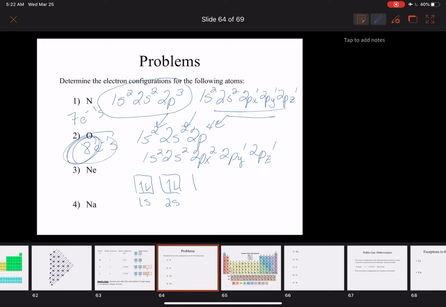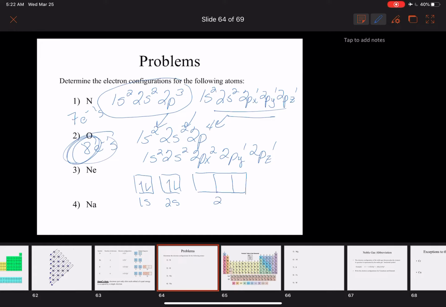And then we would draw 3 2p orbitals, and we'd stick them all together to indicate that they're at the same energy level and they come open together.